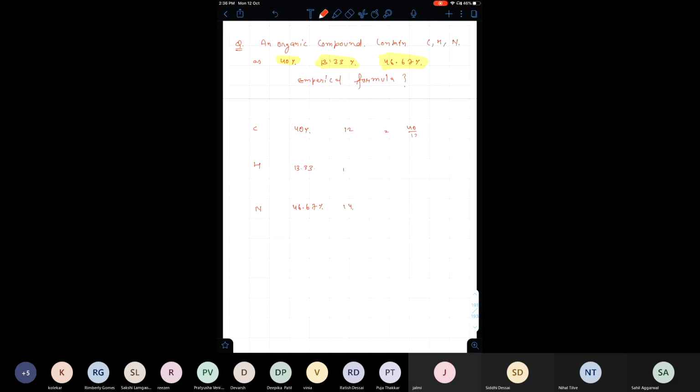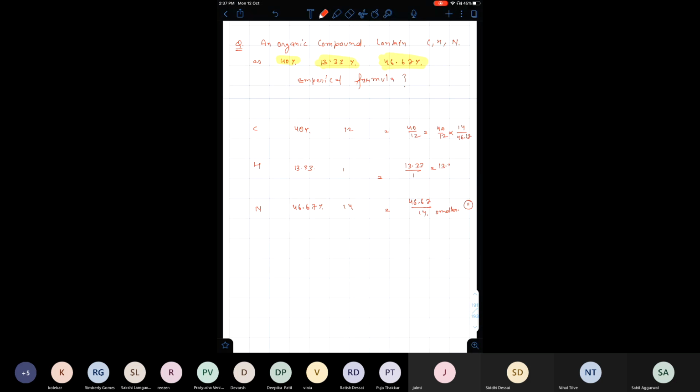This will be 40 by 12. This will be 13.3 divided by 1. This will be 46.67 divided by 14. This will be smallest. Take this as 1. And this will be 40 by 12 into 14 by 46.67.